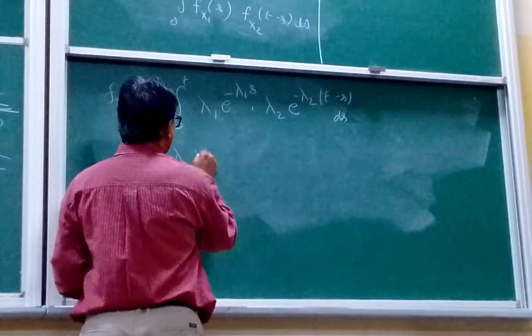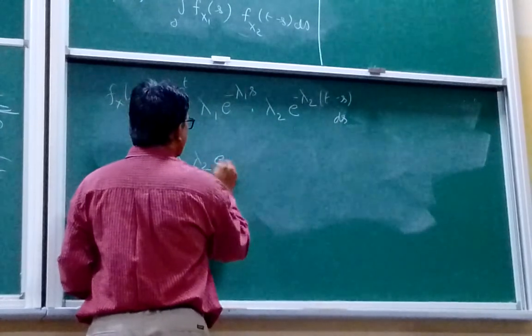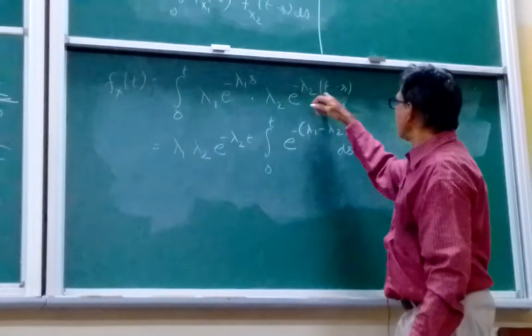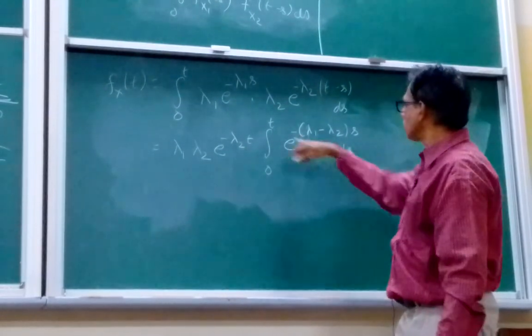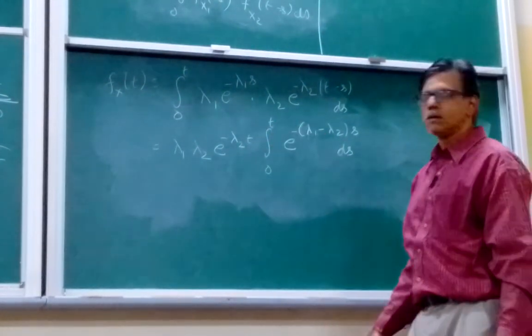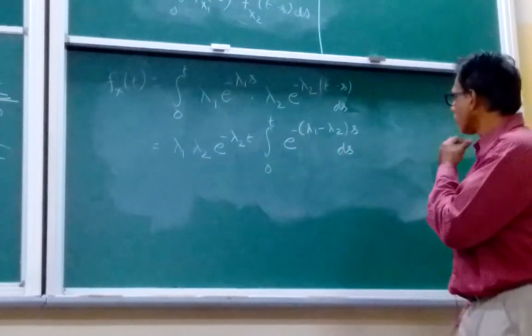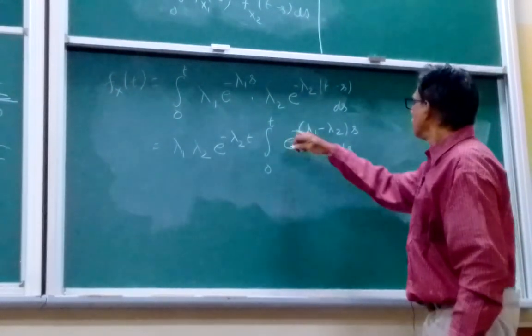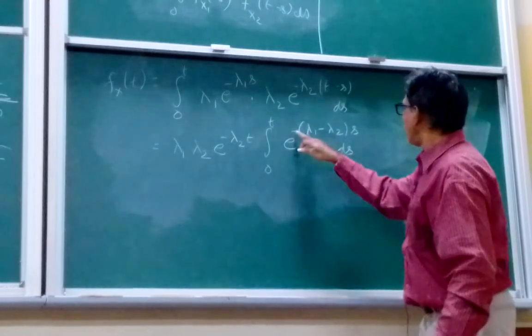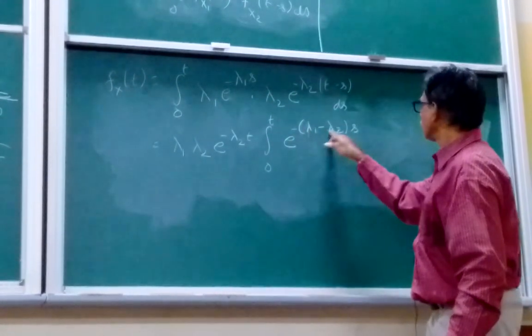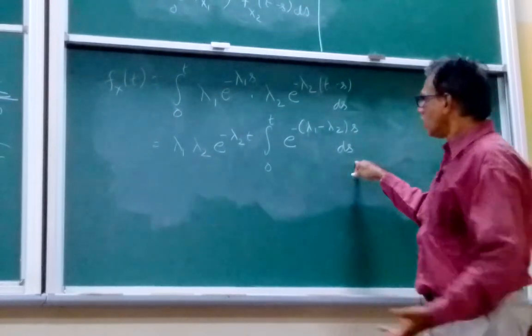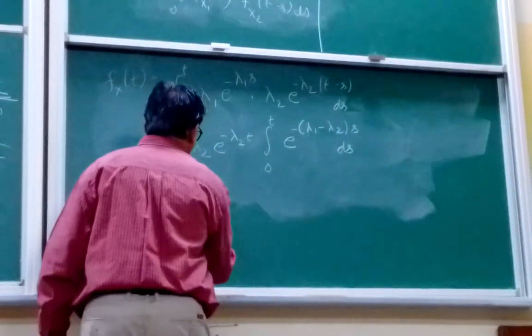Lambda 1, lambda 2, e power of minus lambda 1 t also goes away because the variable is s and this is only a limit. So here minus lambda 1 s is there, plus lambda 2 s is also there. So now it's okay.